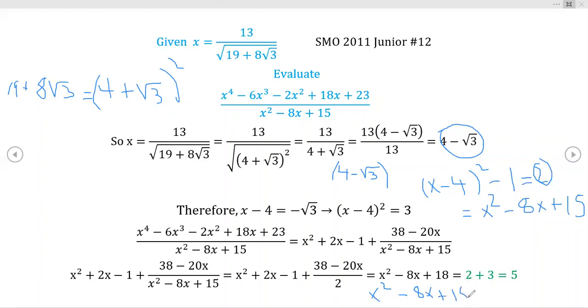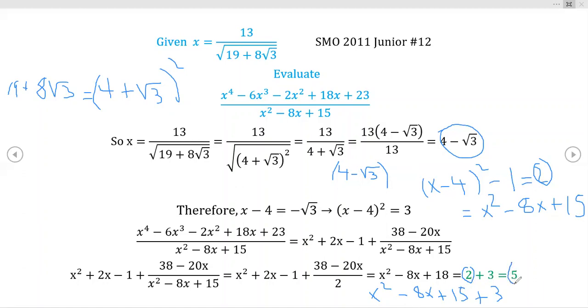You probably didn't need to see that step, but last time I checked, 15 plus 3 was equal to 18. Now, all of this work up here led to the important truth that x squared minus 8x plus 15 is equal to 2. So that's where the 2 plus the 3 comes from. I thought it was pretty neat. So this is the final answer.